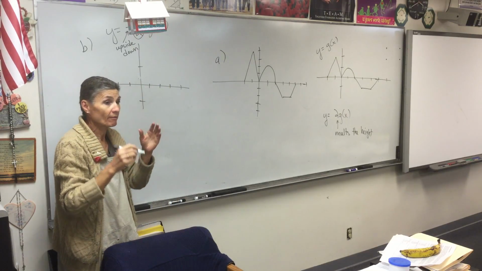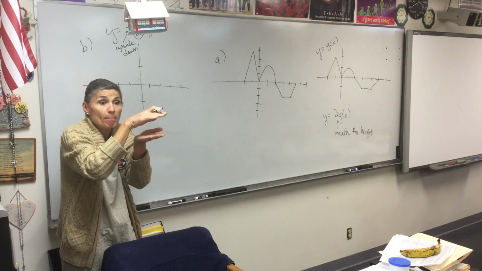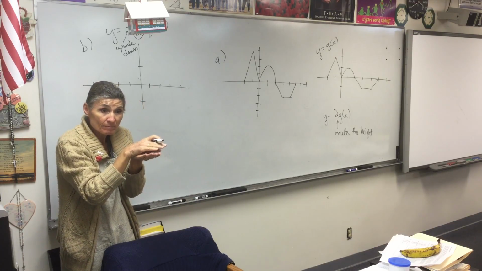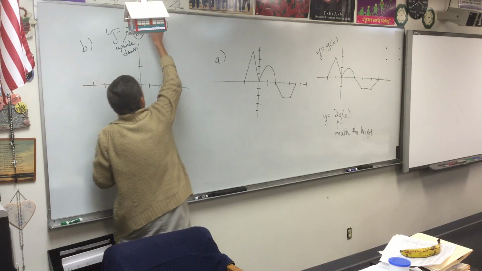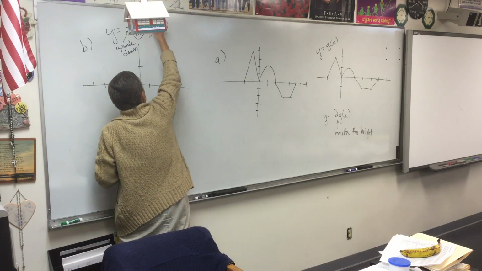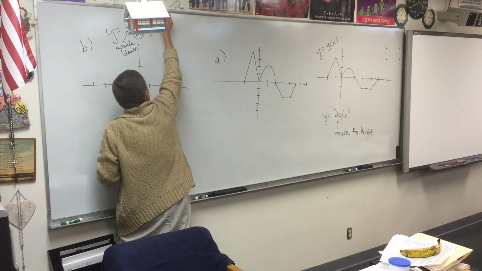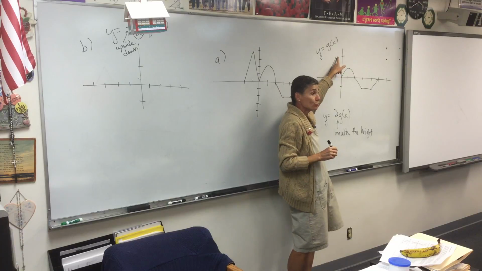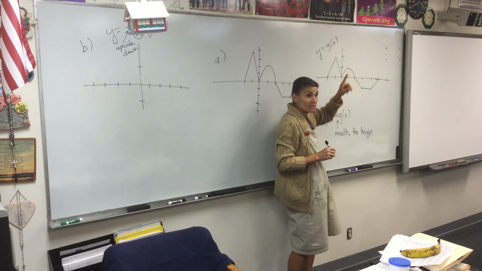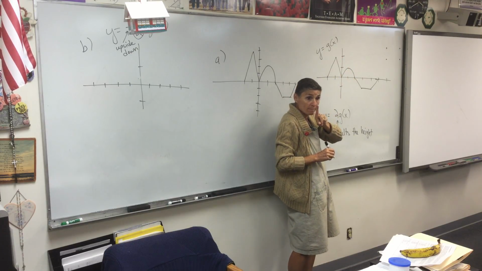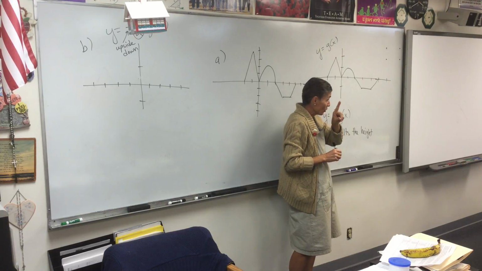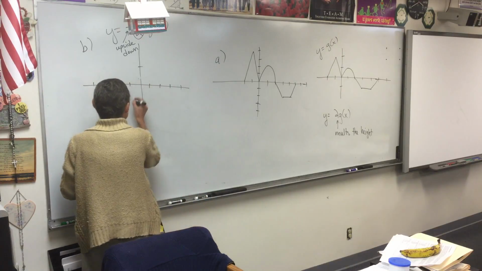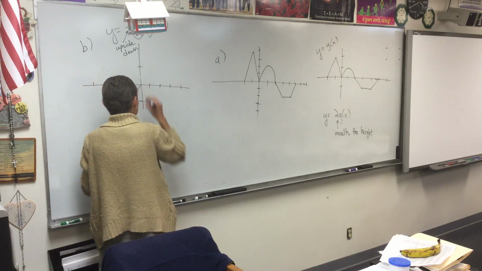What does the 1/2 do? It multiplies the height by 1/2. So instead of this guy being 2 units tall, now he's only going to be 1/2 as tall and upside down. So if you can do that all at once, he's half as tall and upside down.